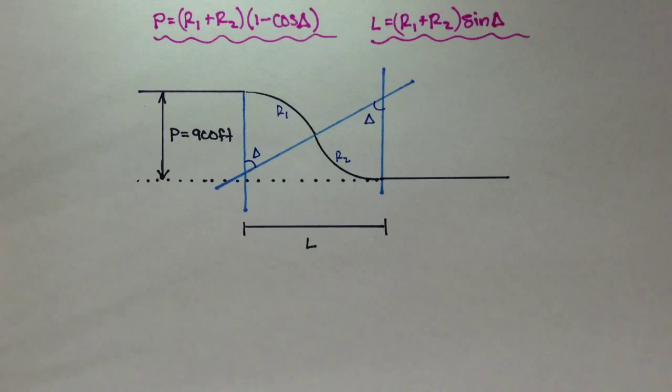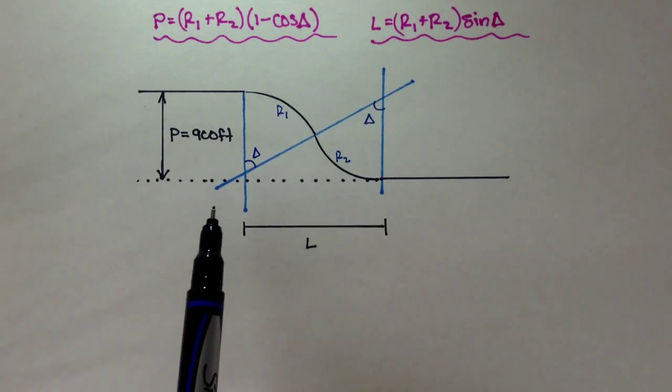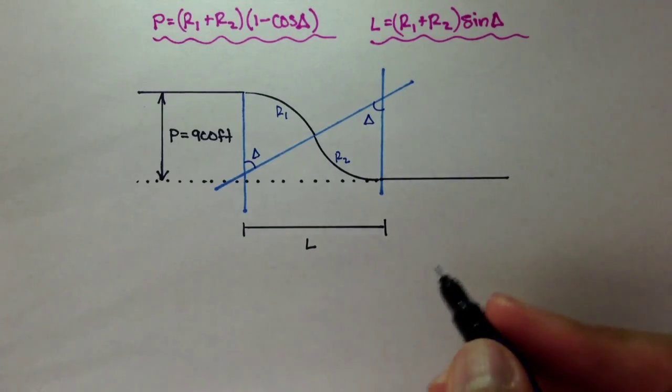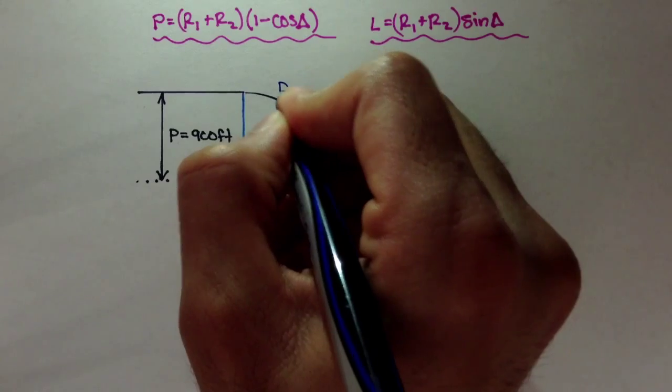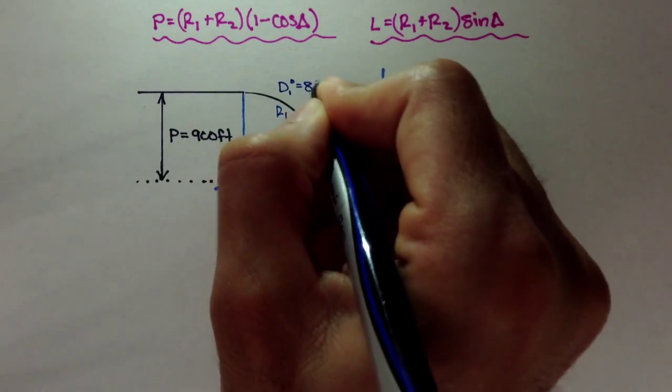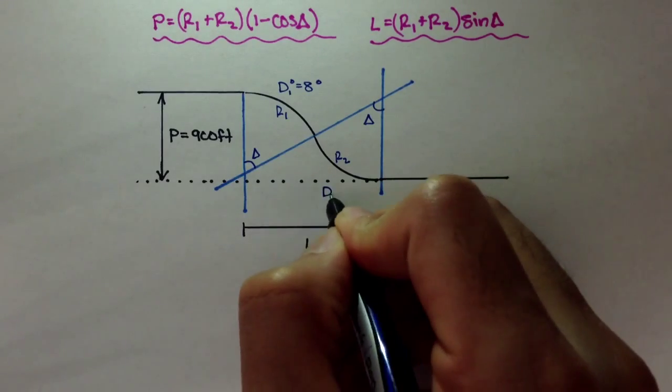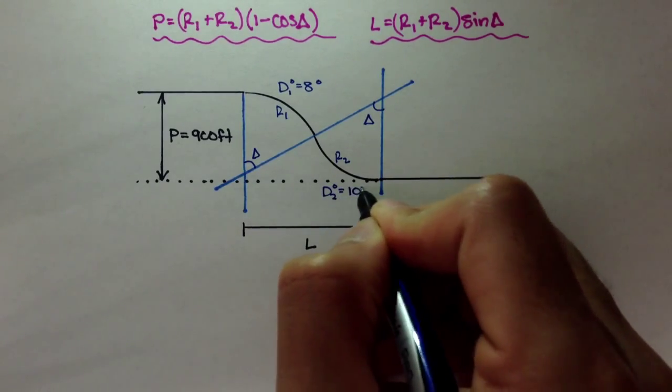The problem says that there are two reverse horizontal compound curves, and curve 1 has a degree of curvature of 8 degrees, and the second curve has a degree of curvature of 10 degrees.